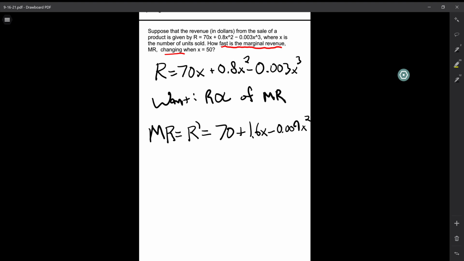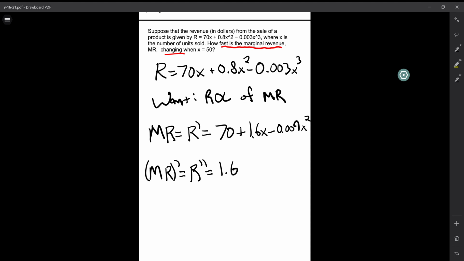Now, since we're finding the rate of change of marginal revenue, what we want is like marginal revenue prime. How does that tie into this section? Well, that's R double prime. The derivative of 70 is 0, doesn't have a dance partner. The derivative of 1.6x is just 1.6.